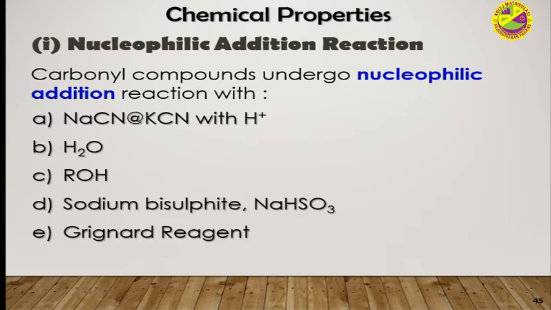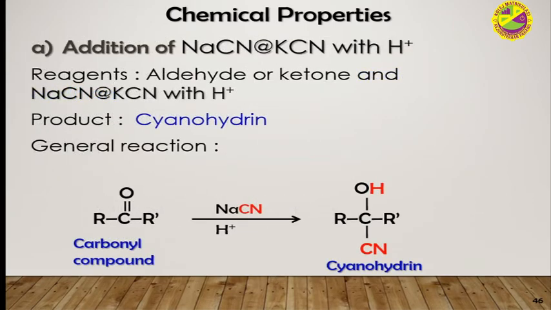The first one is the addition of NaCN or KCN with H+. The reagents are aldehyde or ketone and NaCN or KCN with H+. The product will be cyanohydrin. The general reaction is as follows.